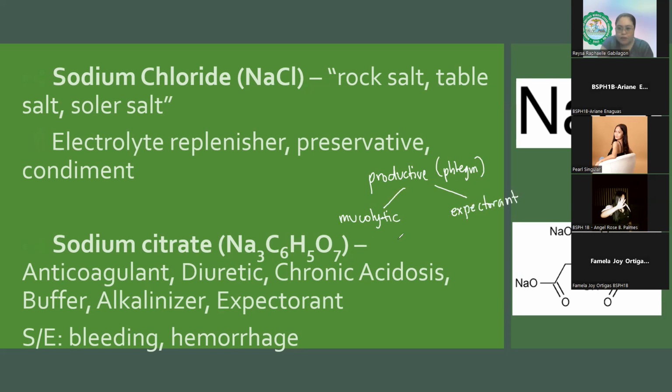Pag sinabing mucolytic, ito yung pampahumok sa plema class. Kung gahi ang plema, lisod igawas, ipahumok nato. And examples of mucolytic, we have the carbocysteine, we have the ambroxol. So you may choose ha. Please do not give these drugs if non-productive ang plema.